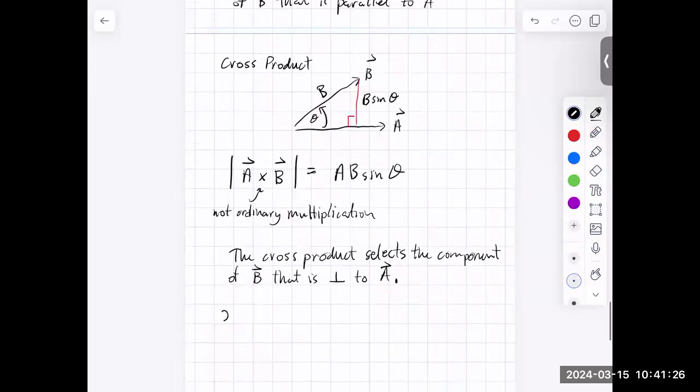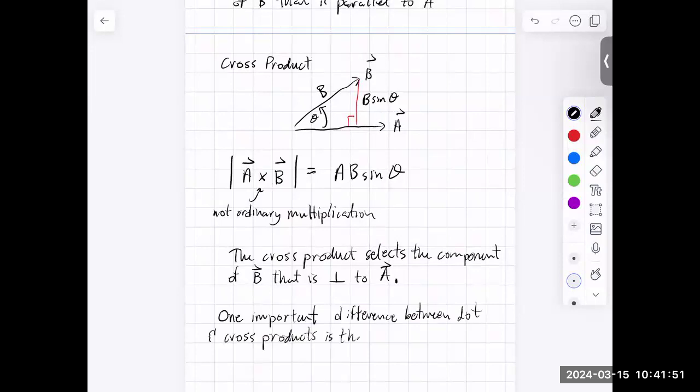So one important difference between dot and cross products is that the result of the cross product is another vector.